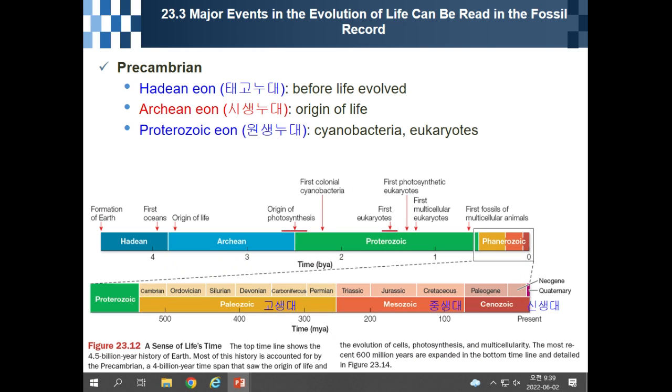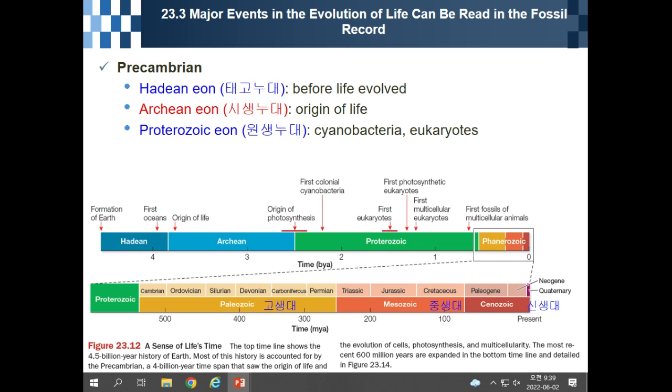Now we will cover major events in evolution in detail. We have to know this. First of all, Precambrian. Previously, we already learned that Precambrian includes Hadean, Archean, and Proterozoic, because the Cambrian is located in the Paleozoic.